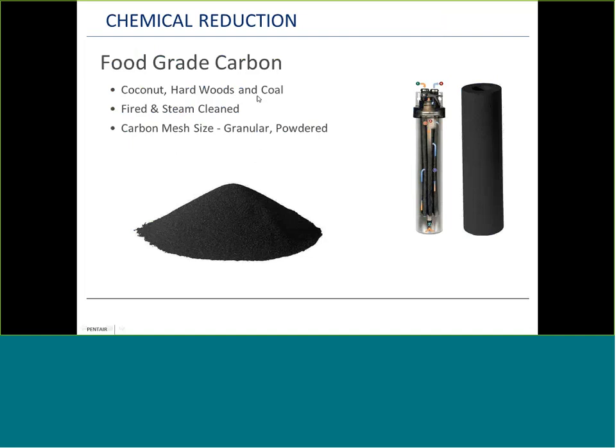It is then fired and steam cleaned and quite often acid washed to remove impurities from it and activate the sites on the carbon that will do the chemical removal for us. And then it's ground to a specific mesh size, whether it's granular or powdered, according to an OEM specification or the application they wish that carbon for.